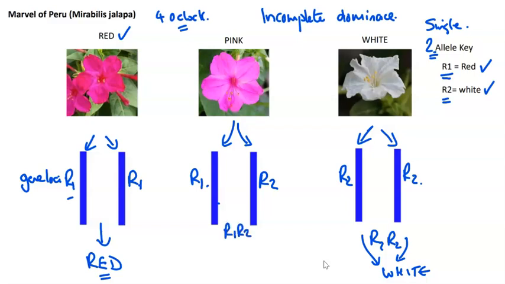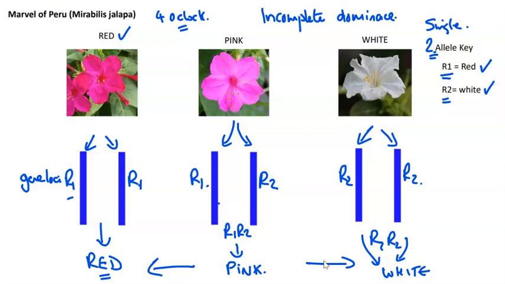And when the genes are expressed, this produces the phenotype of a halfway color, as it were, between the red and the white, which makes this pink. And this intermediate, incomplete phenomenon is what distinguishes incomplete dominance from codominance.